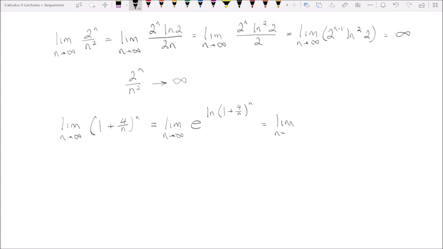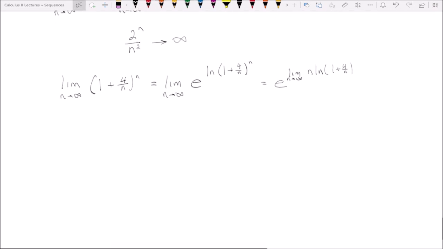That is, I'm sorry, that is e raised to the limit as n approaches infinity of n times the natural log of 1 plus 4 over n. So we're going to take a look at that limit.